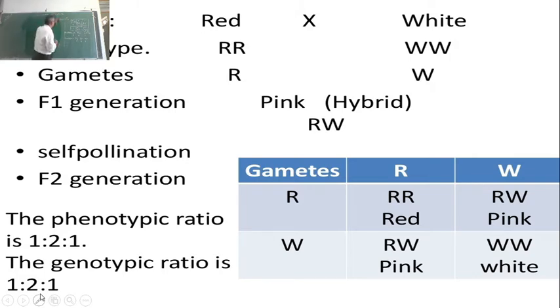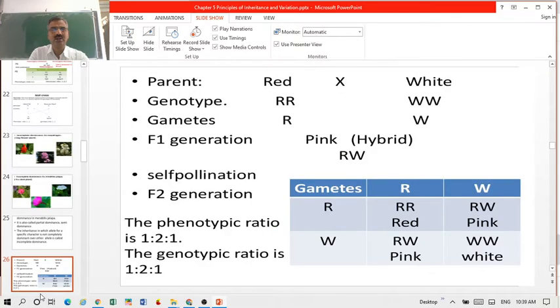It is not obeying Mendel's laws. So now we are studying deviations from Mendelian inheritance. One of the examples is that of incomplete dominance.